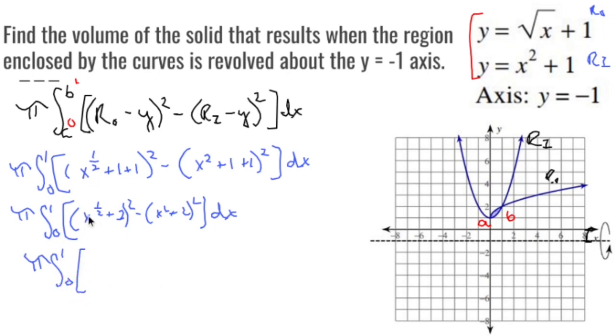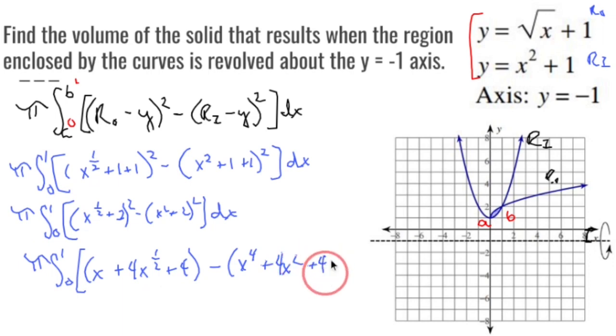So this is going to become x plus 4x to the 1/2 plus 4, minus, this is going to become x to the 4th, or rather plus 4x squared plus 4, close it, bracket it, dx it.